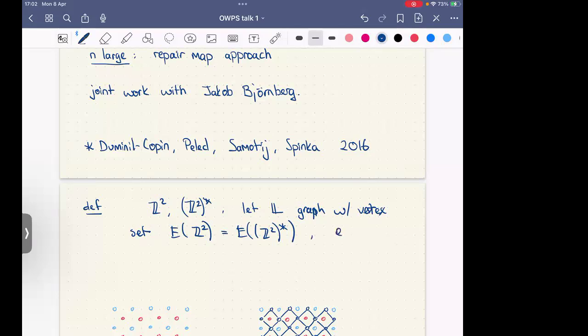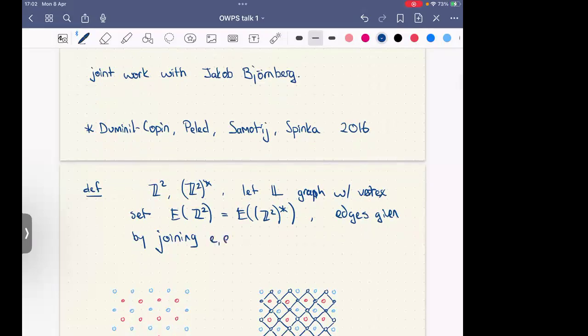Okay, and then an edge is given by joining E and E prime. These are now edges of Z2 or Z2 dual, if and only if E and E prime share a vertex and a face.